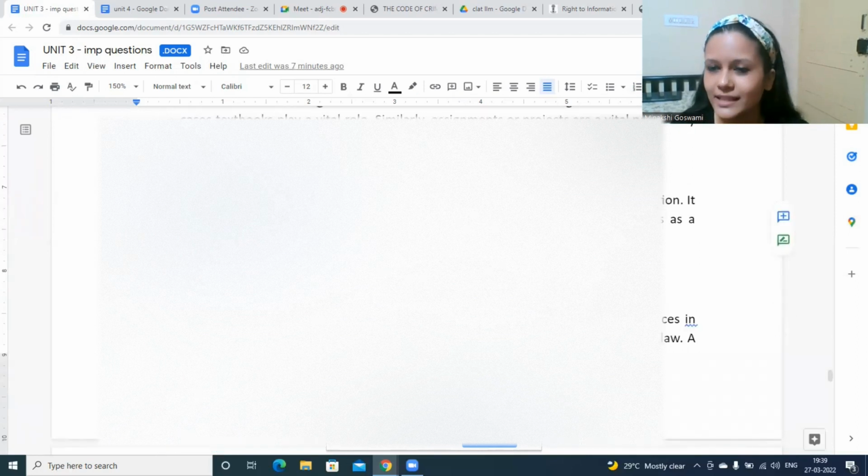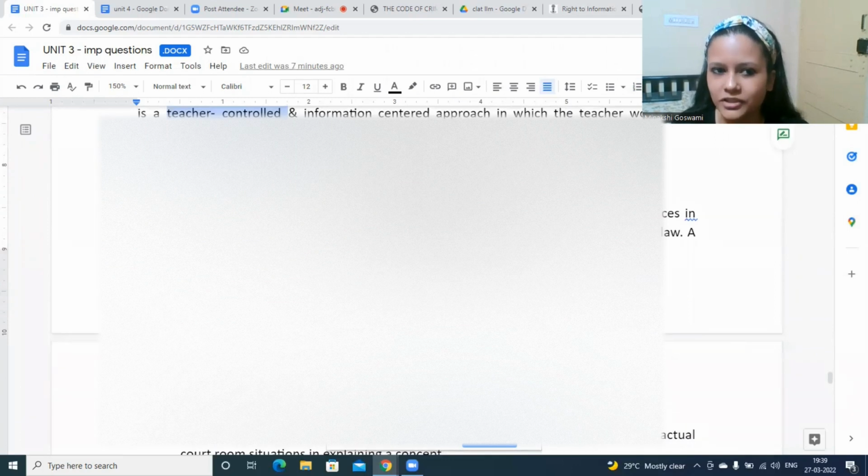When we talk about the significance of the lecture method: addition of experience. Apart from transferring knowledge, some practical experiences and real life examples may also be added in a lecture method, and it is especially great in professional courses like law. Take for example, you are studying law, maybe CrPC, the Code of Criminal Procedure, how a criminal court functions.